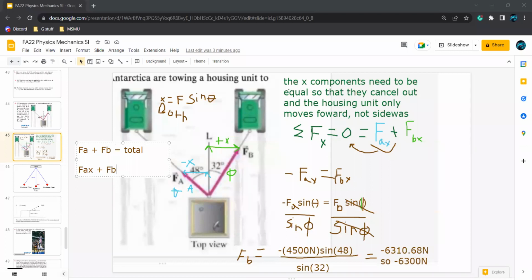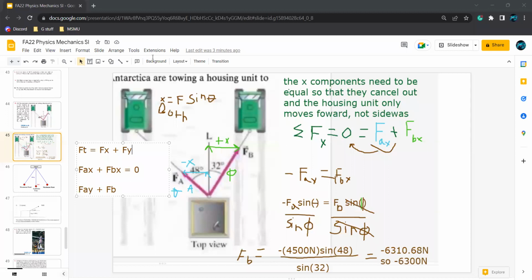FBx equal to 0. And we're probably going to use the Pythagorean theorem to add them both up, where F total is equal to Fx plus Fy, and all of those are squared.